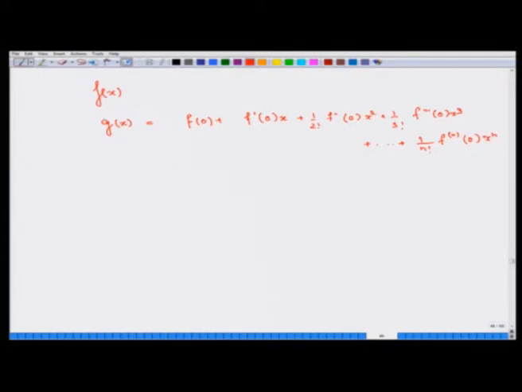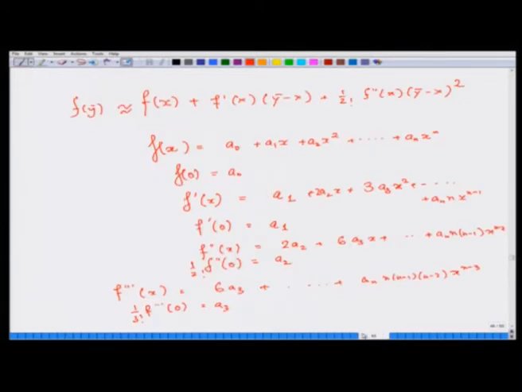This g x is called the Taylor polynomial of f at x equal to 0. Earlier, this was the second order Taylor polynomial of f at x equal to x.